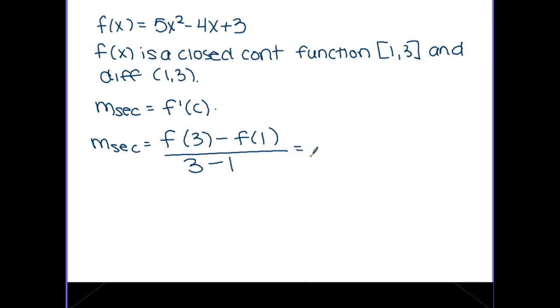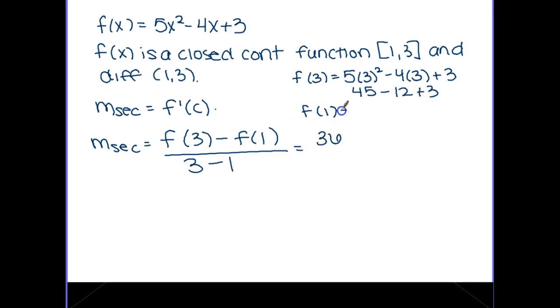The slope of the secant is f of 3 minus f of 1 all over 3 minus 1. So now I need to know what f of 3 is. 9 times 5. And f of 1.